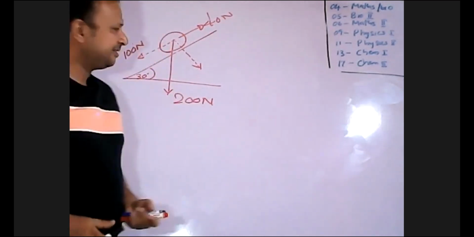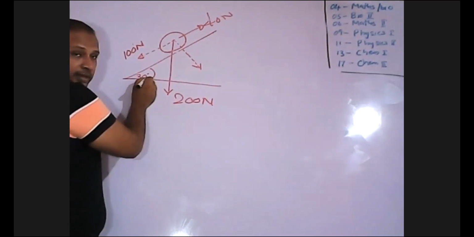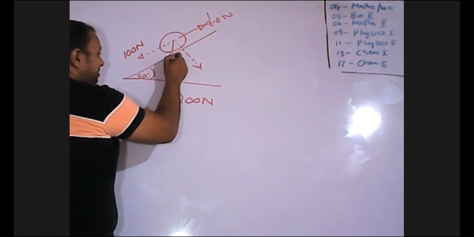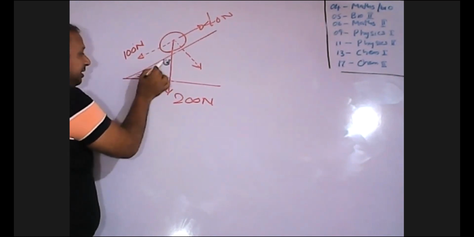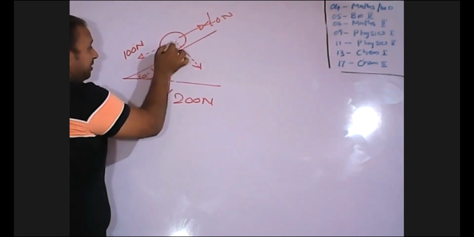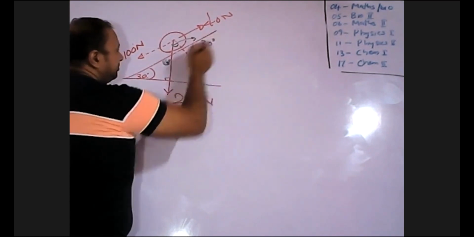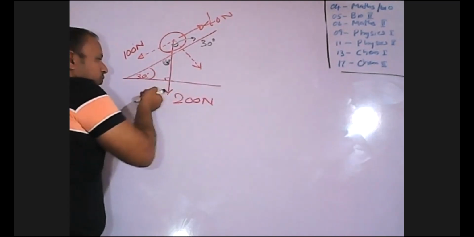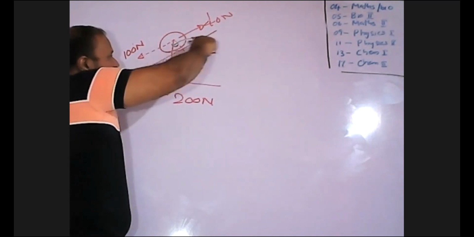So look at this one. This is 30. So this one is 60, because this one is 90. If this is 30, this angle is 60 now. That means this angle is 30. So if I resolve this one into the perpendicular direction, the angle is 30.